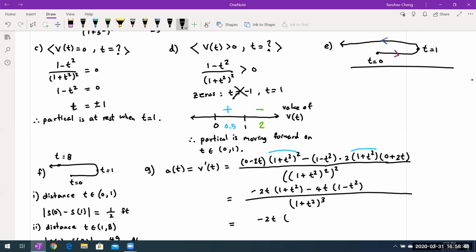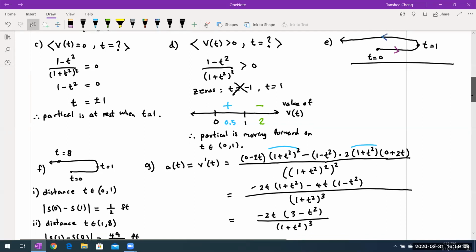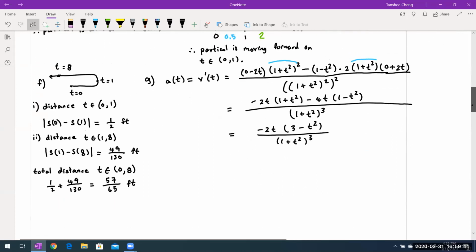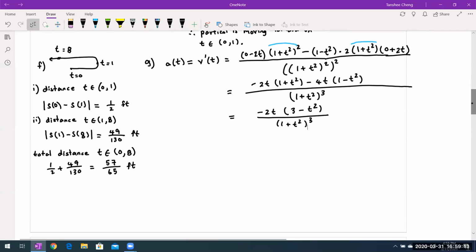And when I distribute the positive 2 and combine, that will become 3 minus t squared, all over 1 plus t squared to the third power. Okay. So I skipped a lot of steps on the algebra part. Making sure that we are all okay with this.